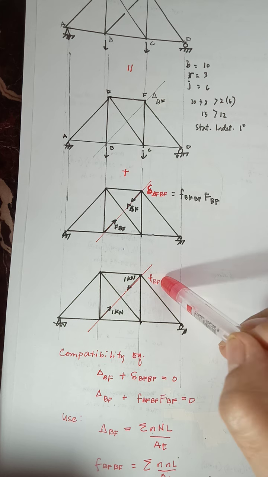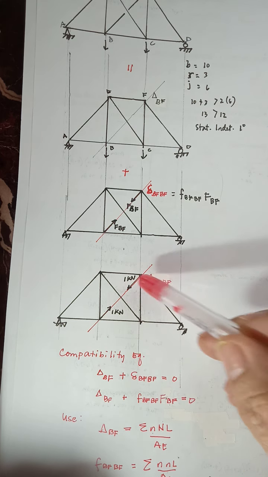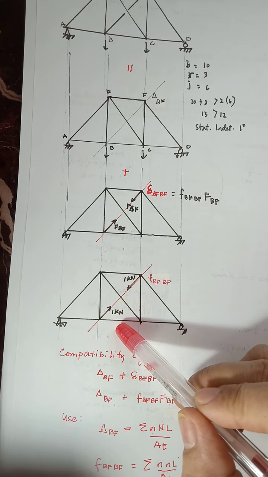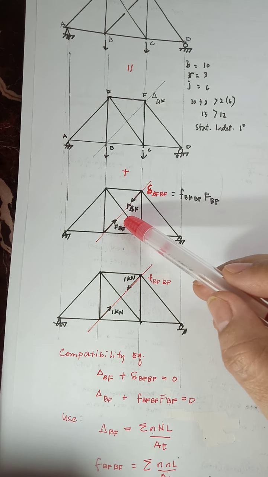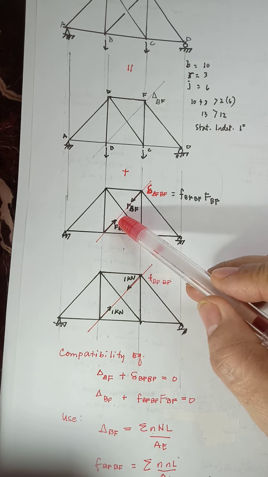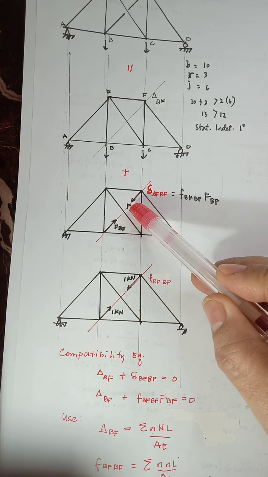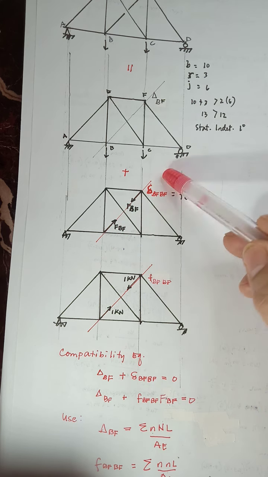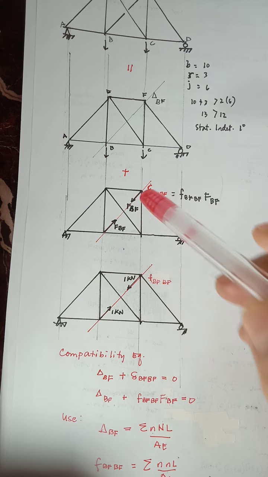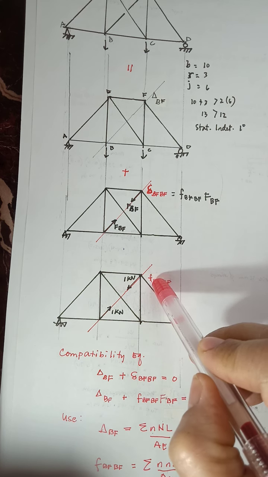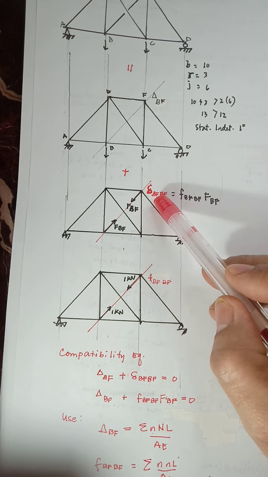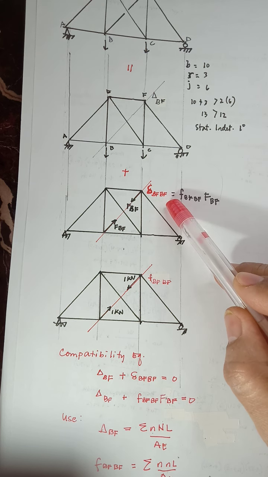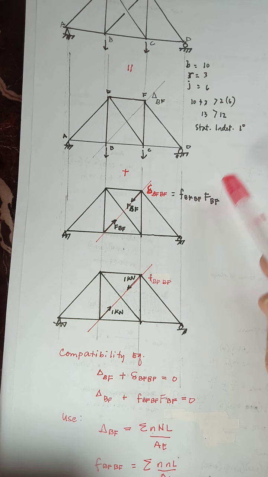So if that is the displacement due to a pair of unit load, and you apply it, for example, where the bar force BF is 10 kilonewtons, meaning your displacement will be 10 times the displacement here. So your lowercase delta BF BF is equal to f BF BF times the bar force BF.